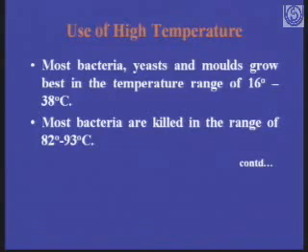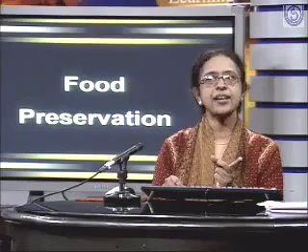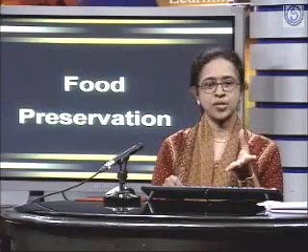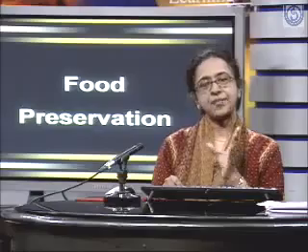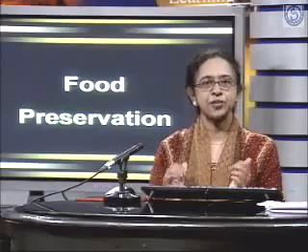So we know that between 16 to 38 degrees centigrade, they grow best in that temperature range. But at the same time, most bacteria are killed in the range of 82 to 93 degrees centigrade. Now, did you notice a difference between these 2 points? In the first one, we are mentioning bacteria, yeasts as well as molds, all three, and we are saying that they grow best in that kind of temperature range.